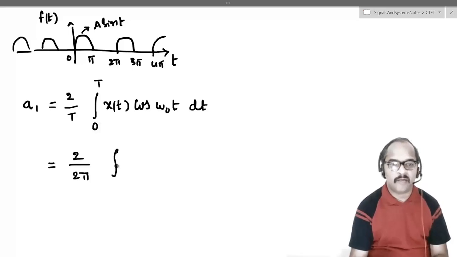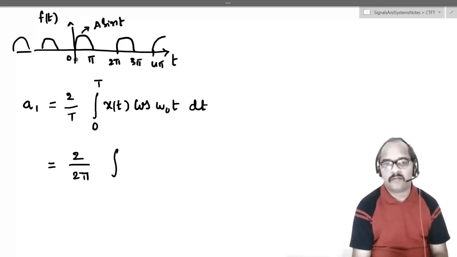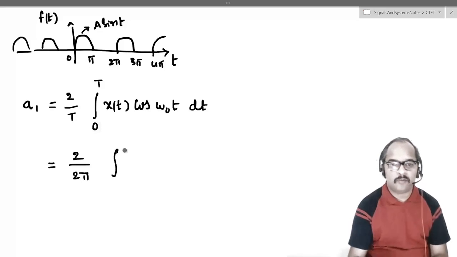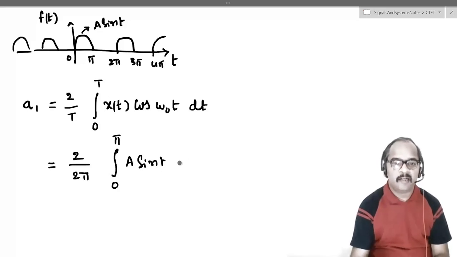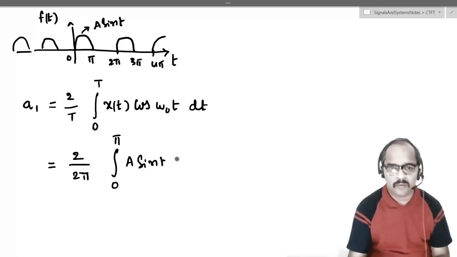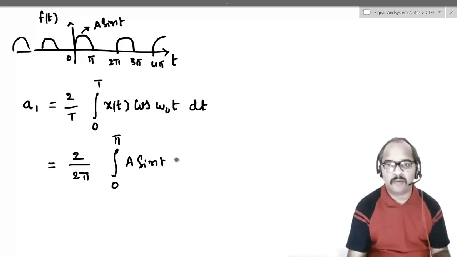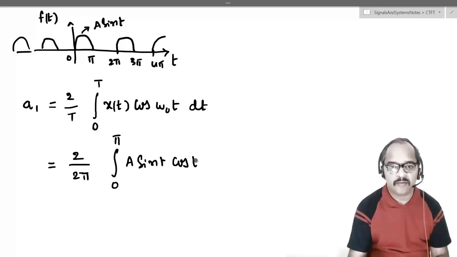So you will get 2 by 2 pi, and because the function has a non-zero value only from 0 to pi, it is enough that we take from 0 to pi. X of t in this period is A sin t, and this is multiplied with cos omega naught t. Capital T is 2 pi, omega naught is 1, and hence you get cos t dt. So this 2 will get cancelled.